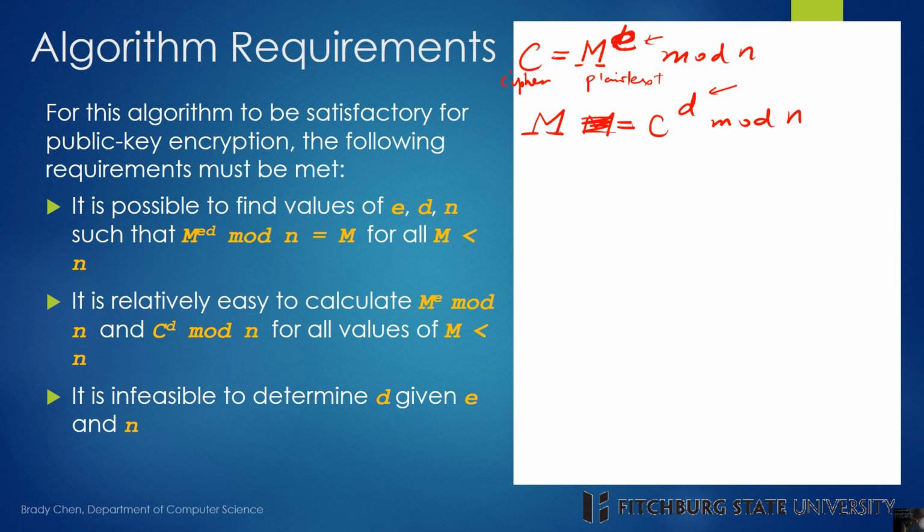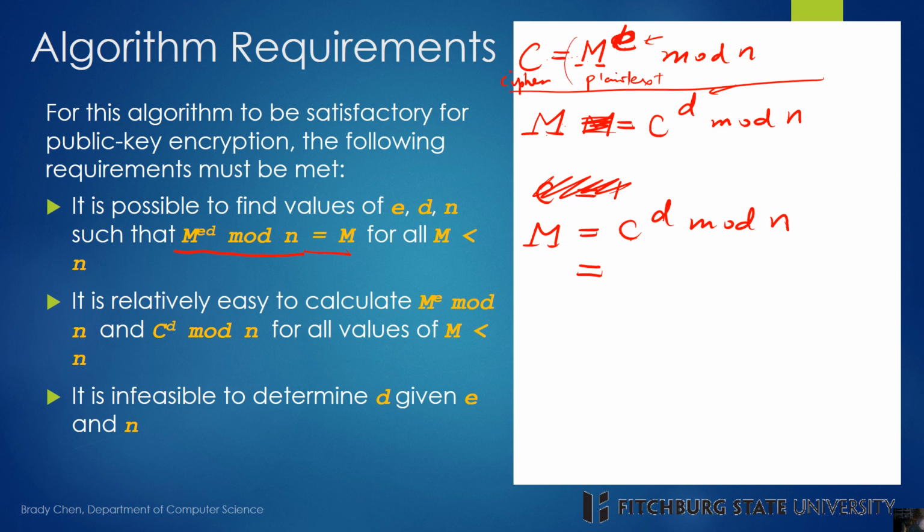Now, in order to make these two statements true, we have to make sure that certain conditions hold. We have to make sure that M to the ED mod N equals M. Why is this? Because if we hope that C to the D mod N is the plain text, then we need to substitute the first statement, replacing C with the right side.